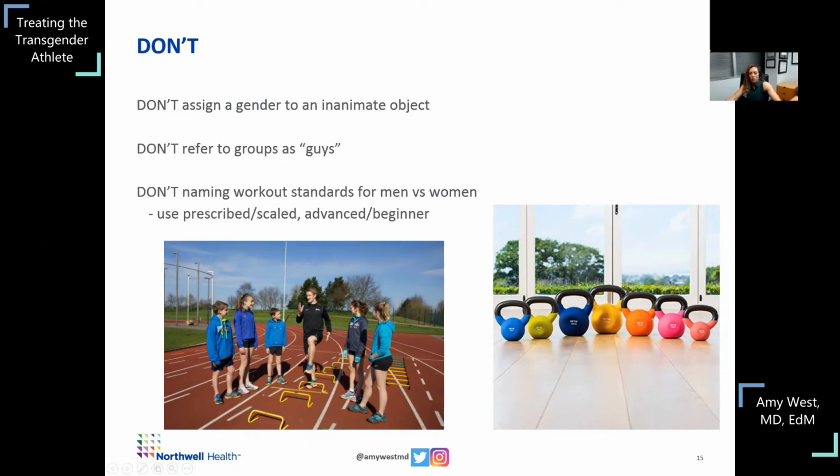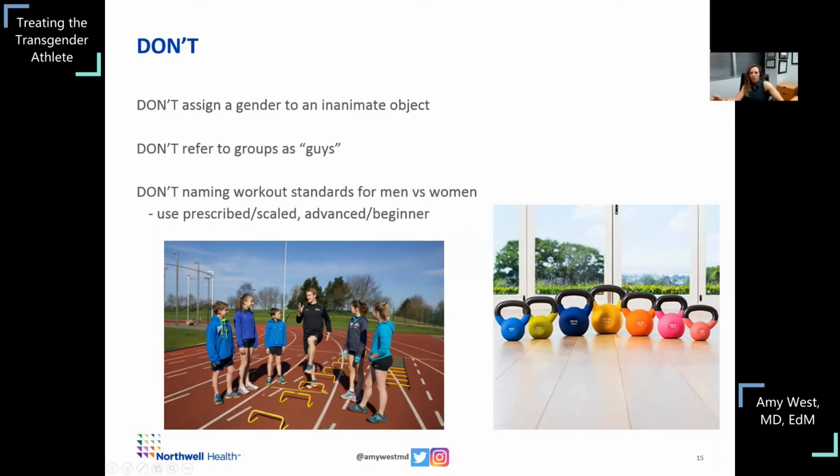because it's kind of gendering a group of people, and that can really offend someone who doesn't necessarily want to fit into that term, even if you're saying it very innocently and not really giving it two thoughts. It can really make people uncomfortable. Similarly, if you have a workout standard or a certain kind of exercise, it's like calling things male push-ups and girl push-ups or whatever.